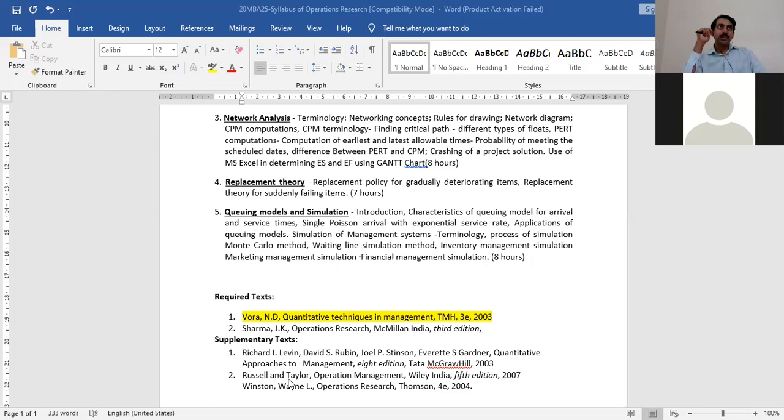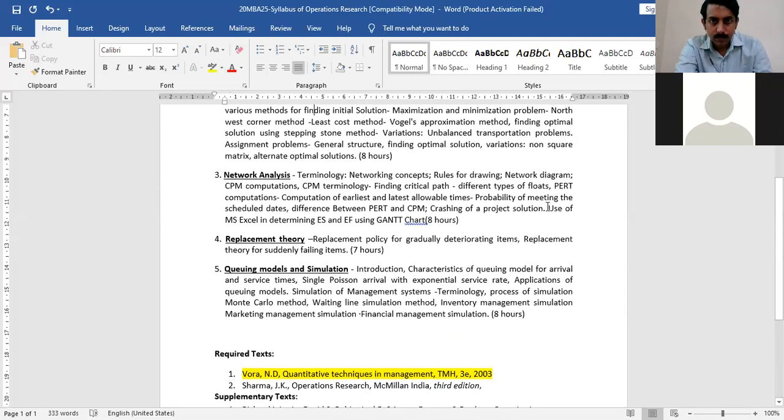Software in the sense, MS Excel is being used for the third module. The third module will be using MS Excel. So, one document which I have projected here mentions that MS Excel will be used in preparing different types of interpretation.